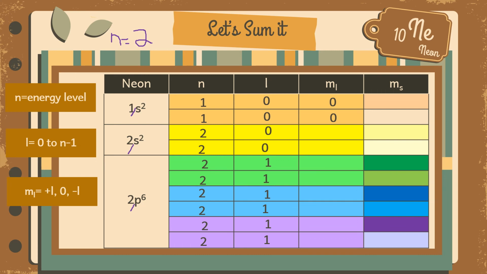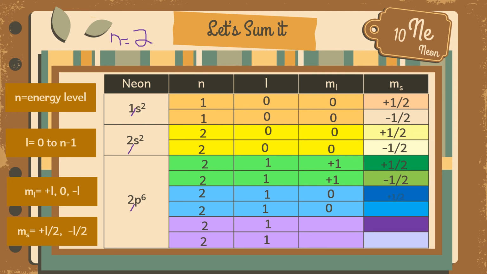While for principal quantum number 2, we have positive 1, 0, and negative 1. Now, for the last quantum number, which is the spin quantum number, we just put 1 positive 1/2 and 1 negative 1/2.